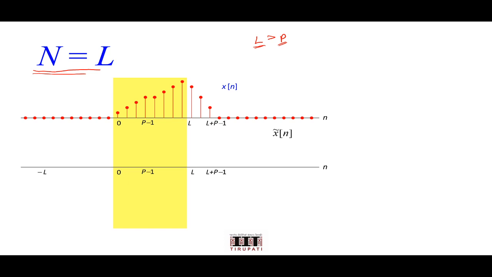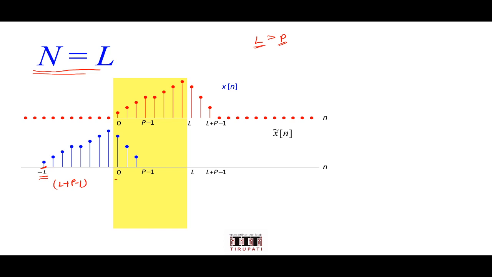So you could see then, from the expressions we have seen, that copies of x of n are placed at multiples of L, so at L here, minus L here, for example. The maximum length could be L plus P minus 1, right?